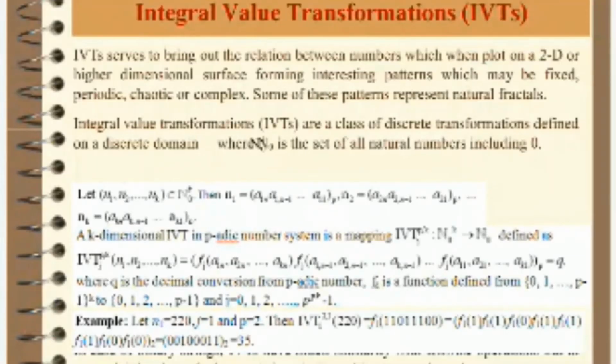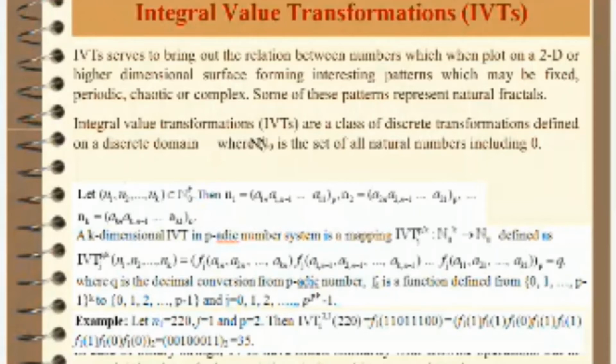So IVTs are a class of discrete dynamical system which is a mapping from N0^k to N0, where N0 is the set of all natural numbers including 0. And these IVTs are denoted by IVT with superscript p, k and subscript j. So for this we take k non-negative integers, suppose they are n1, n2 up to nk, and we find their periodic expansion.